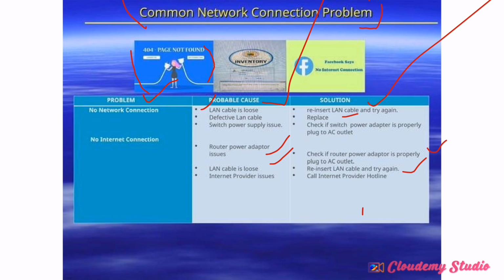Then internet provider issues. Call the internet provider hotline. If you have tried to troubleshoot and check all the connections, and you find out that everything is okay on your end, now you are suspecting maybe the problem is coming from the service provider.